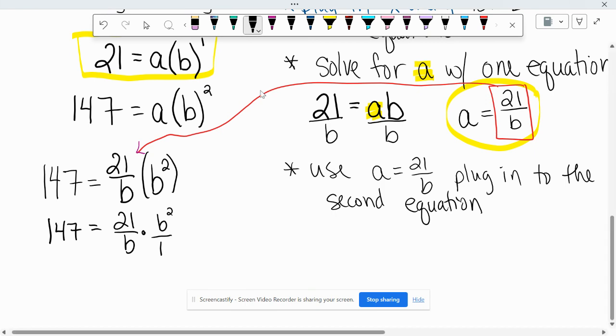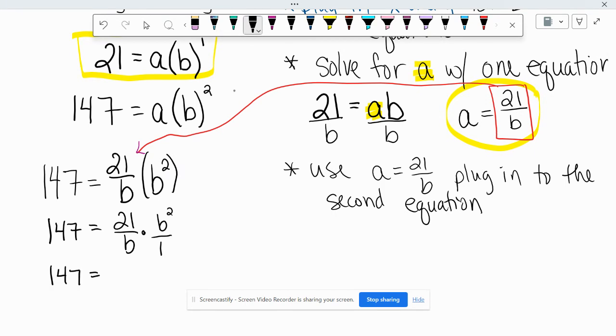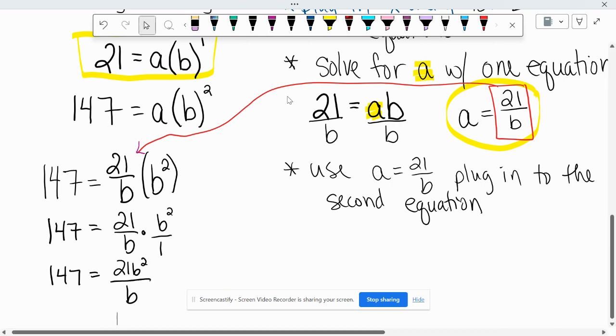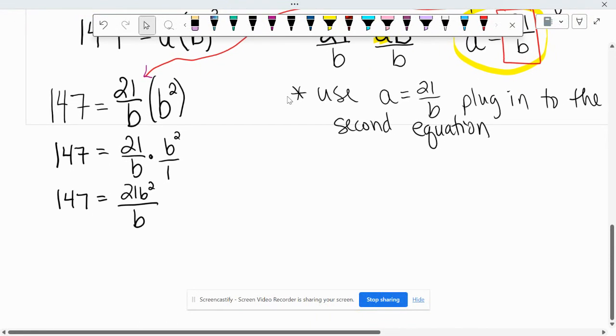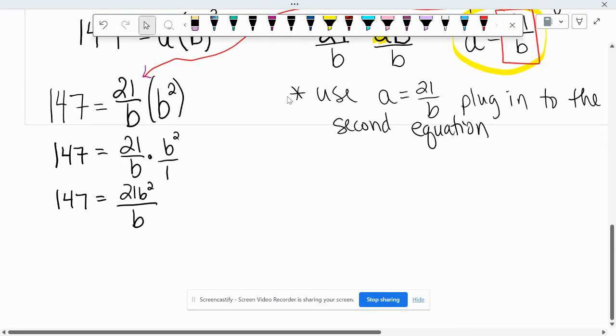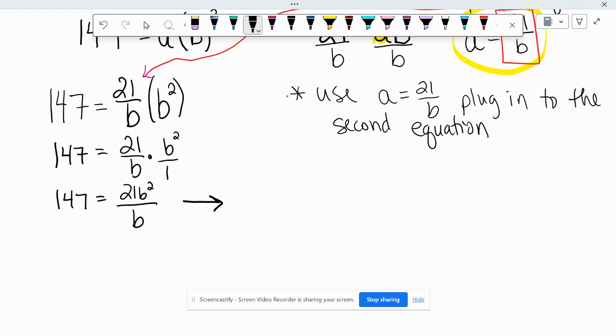So when I multiply straight across, I have 147 equals 21 B squared over B. What can I do with my B squared and my B? How do I write that as an exponent rule? What is the rule really saying? Am I adding, subtracting, multiplying or dividing? What operation is taking place here?